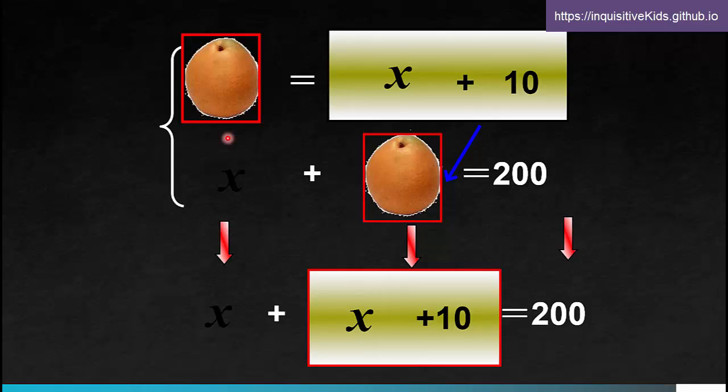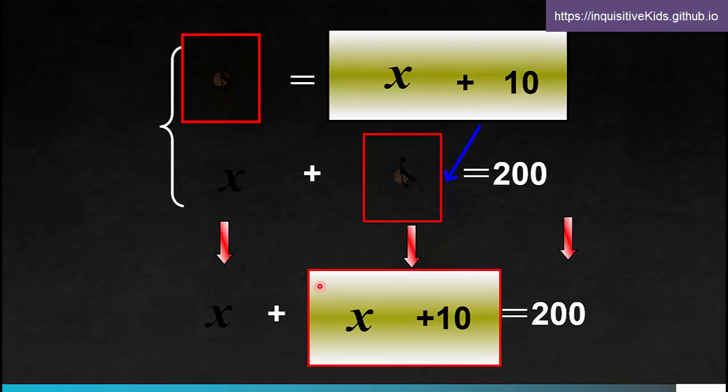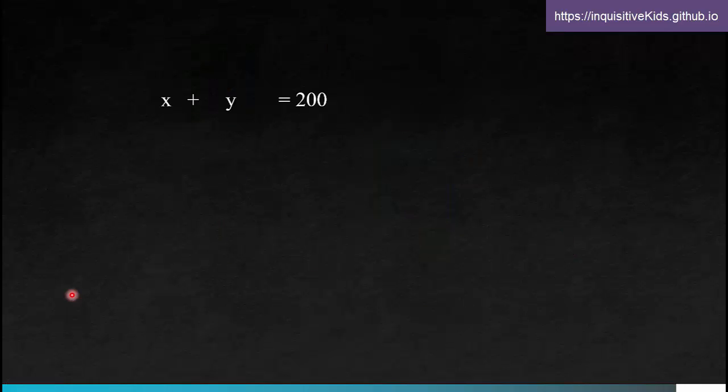So now let's replace the apples with x, and we replace the pears with y. So if you can't see this, this is y, y, x, x. Okay, so we replace the apples and pears with variables, x and y. x plus y is equal to 200. y is equal to x plus 10.